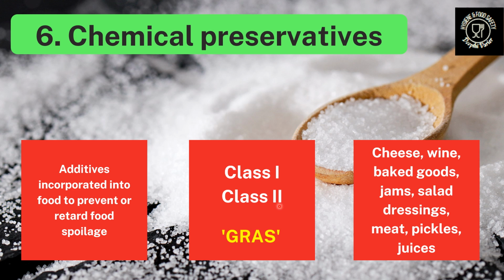Whatever it is, the reason you add preservatives is because they help to slow down spoilage. They ensure that the appearance, the flavor, and the texture of the food is maintained, and that the spoilage organisms and the enzymes are slowed down when you add these chemical preservatives. They are very commonly used for most of the items that we get.